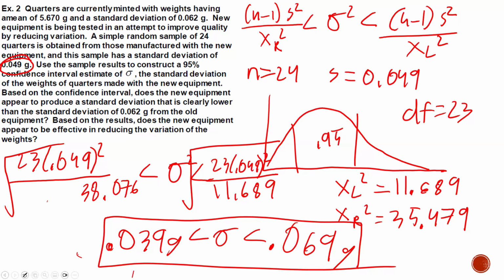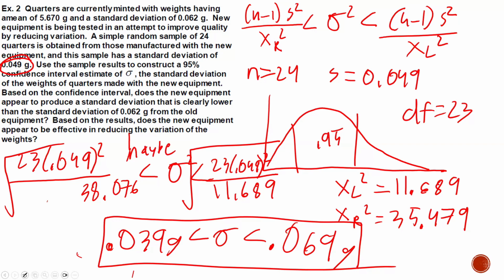So are we confident that this thing lowered the standard deviation? No, it seems it's towards the far right end of our interval, right? So if you had to guess, your life depends on it, I would say yes. But am I confident of that answer? No, right? So the answer is, does it appear to be effective? The answer is maybe.